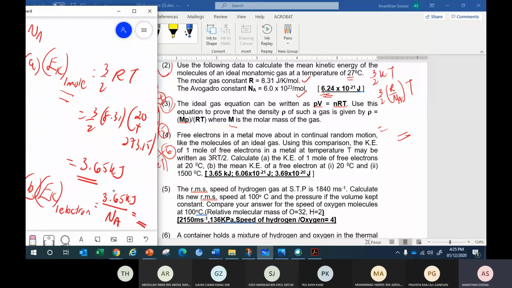Avogadro constant, I believe you remember, is 6.02 times 10 to the power of 23. So you should get 6.06 times 10 to the power of negative 21 joule. Kilojoule or joule? 10 to the power of negative 21 joule, right? Oh yeah, joule, okay.